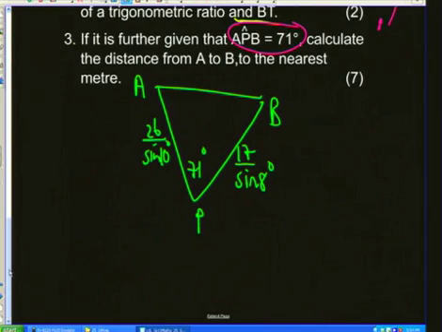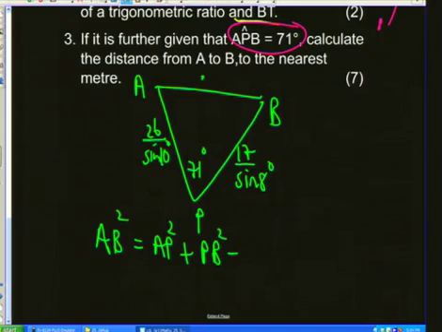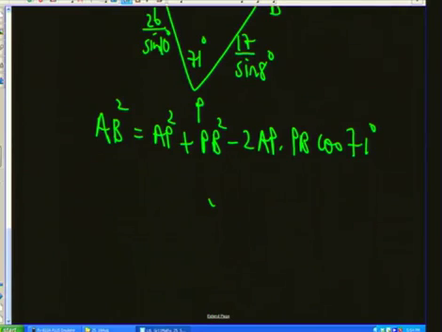Right, and now we're ready for the cos rule. What does the cos rule say? The side I need first, that's where you start, AB squared equals AP squared plus PB squared minus 2AP times PB times the cos of 71. Okay, let's substitute in.